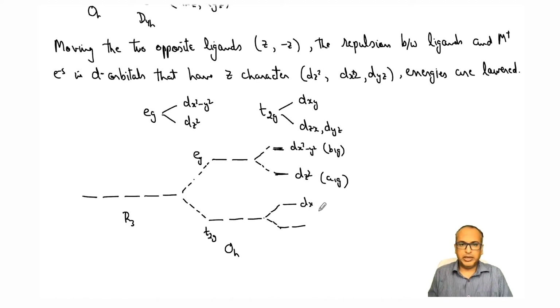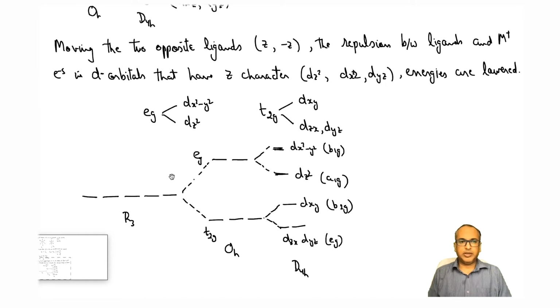This will be dxy, this will be dzx and dyz. The symmetry here is EG, symmetry here is B2G. Now this was OH and this one is now D4H point group.